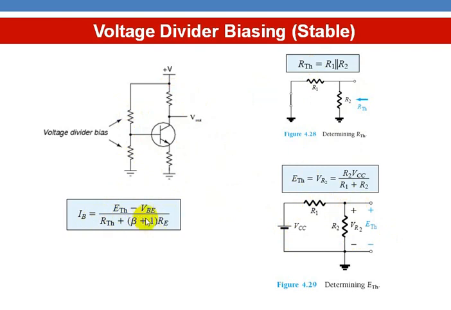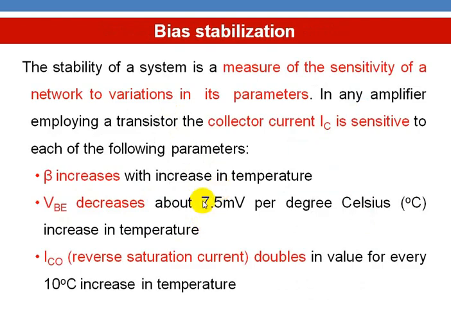IB is ETH minus VB divided by RTH plus beta plus 1 into RE. RE is nothing but the emitter resistance. Here again, IB depends on beta. Whenever there is some variation in beta, it immediately reflects in base current. Because of changes in the base current, the collector current can be maintained constant.